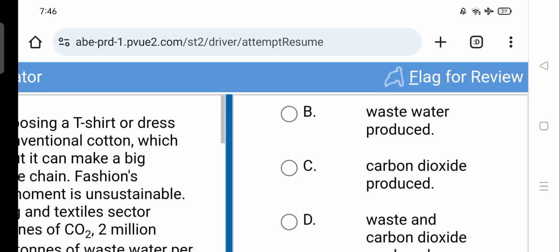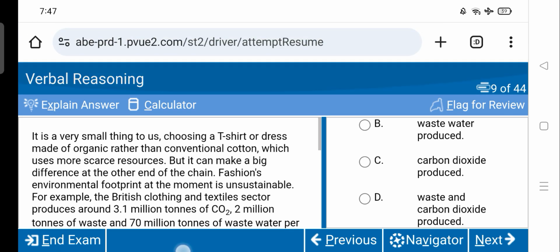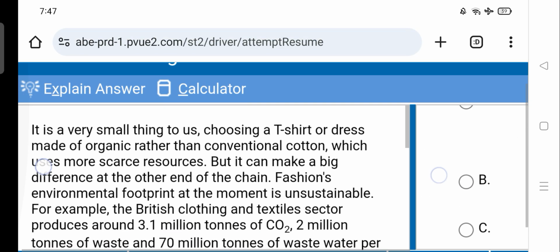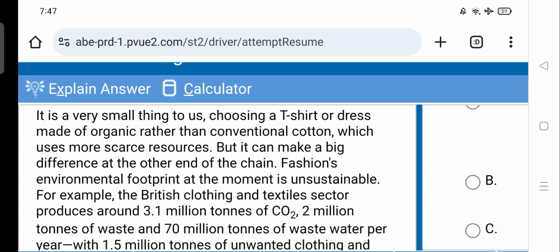Option C, carbon dioxide produced. Option D, waste and carbon dioxide produced. Here we have these options and a different passage for these questions. You can take a look at these passages and find out your answers.